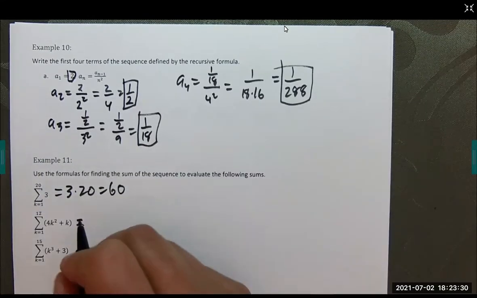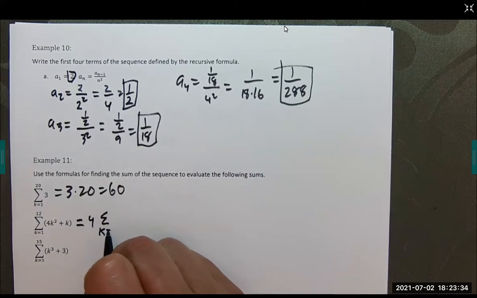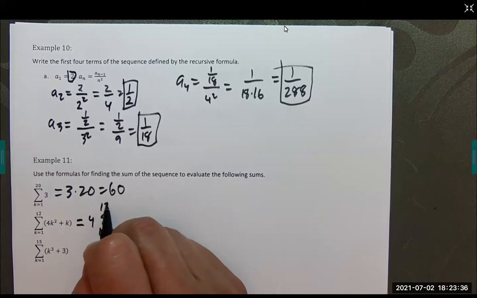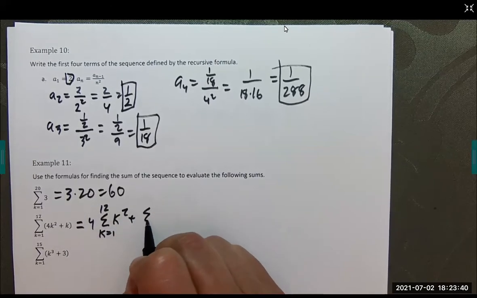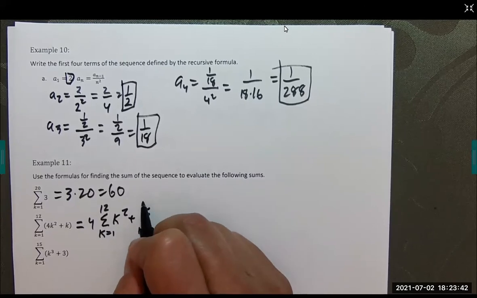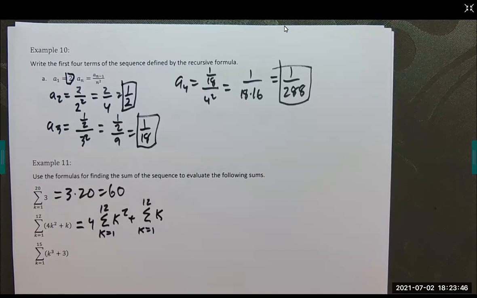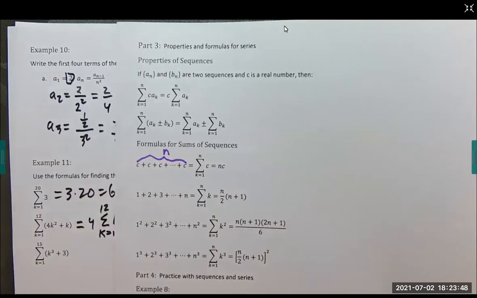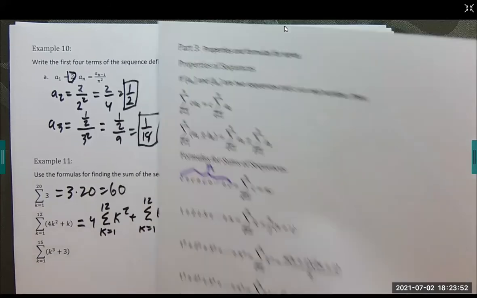And this becomes 4 times the summation k equals 1 to 12 of k squared plus the summation k equals 1 to 12 of k. And I have summation of k squared, so I'm going to be using these formulas here.